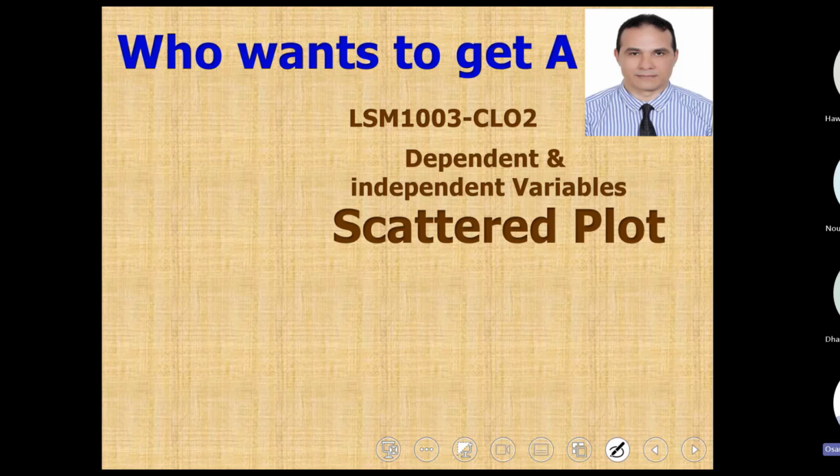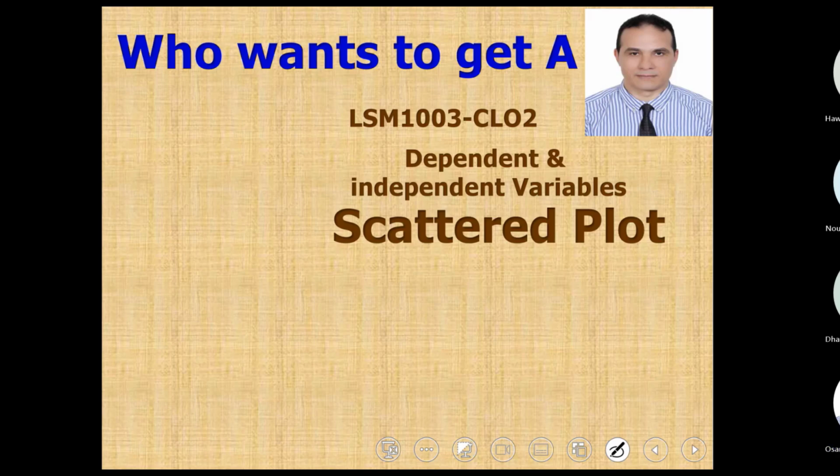Let's see how to plot the relation between the temperature, which will be independent because it's the changeable one, and, depending on that, how many people go to the beach. So the independent variable will be the temperature because it changes, and the response will be more people going to the beach.